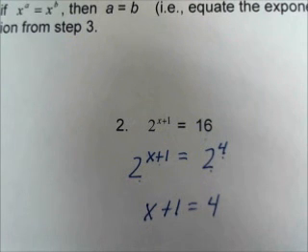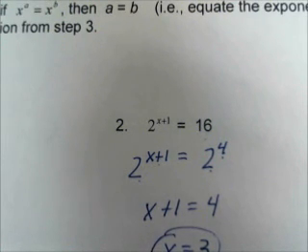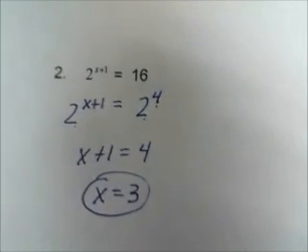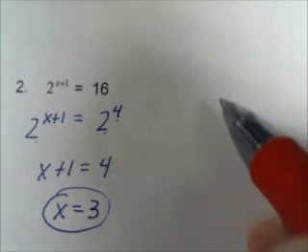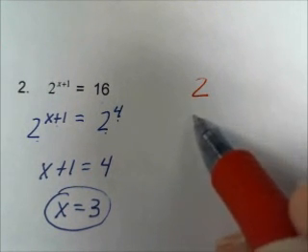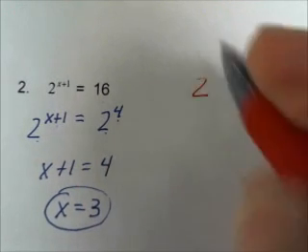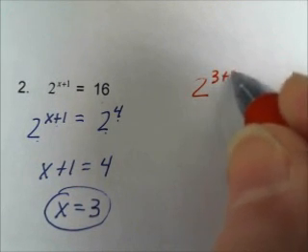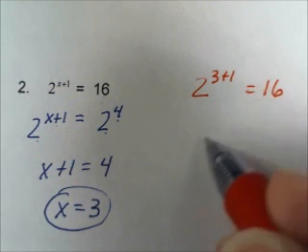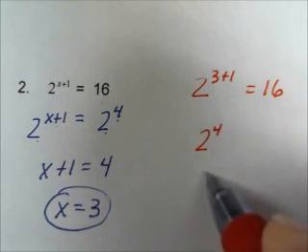Subtract 1 from both sides, x equals 3. Check it. Does 2 to the, replacing x with 3, 3 plus 1 equal 16? 3 plus 1 is 4. 2 to the 4th is 16.